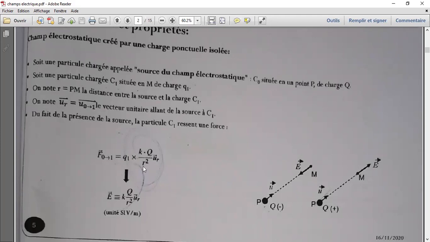I'll just remain with K times Q divided by R squared UR. So the Q1, I'm going to remove it.